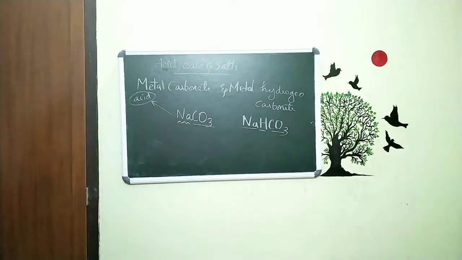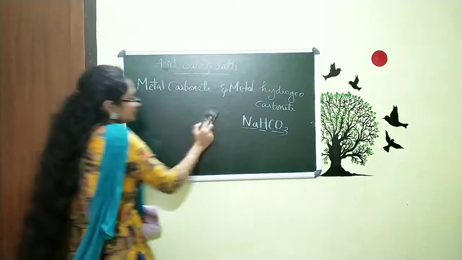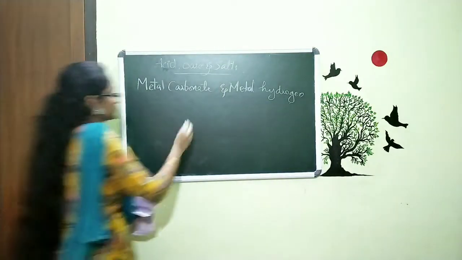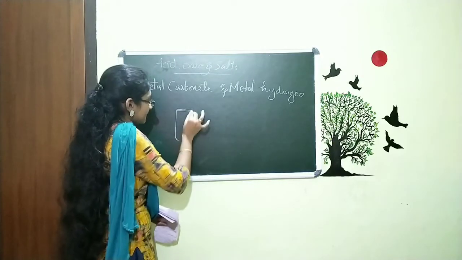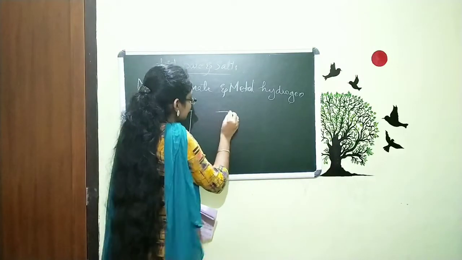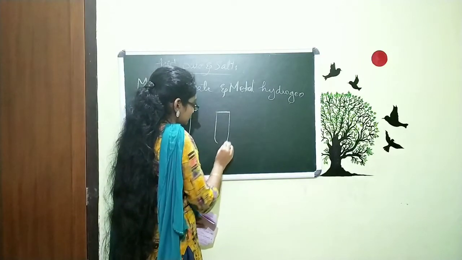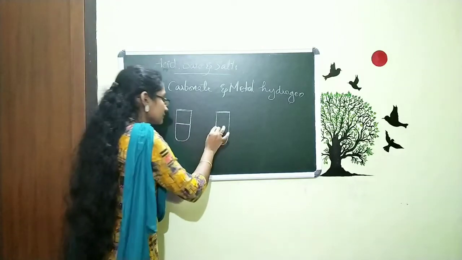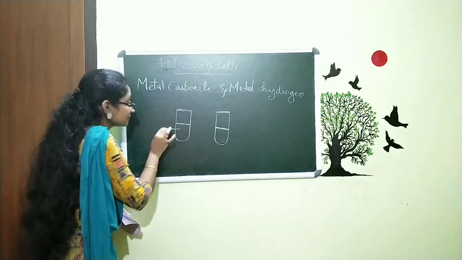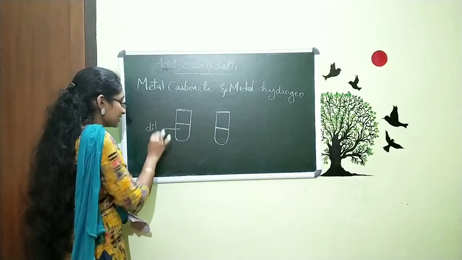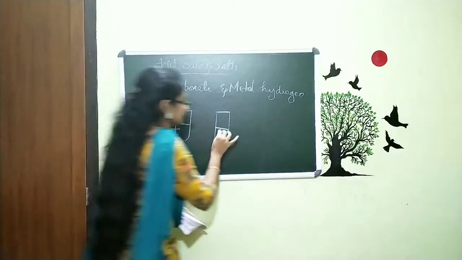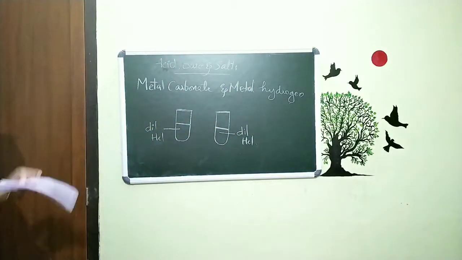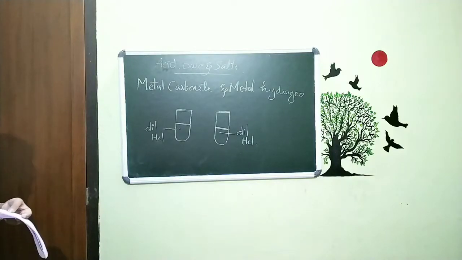So for this we want some experimental setup. That is, I am taking two test tubes. And then in these two test tubes I am collecting dilute HCl, that means dilute hydrochloric acid. Then I am putting some sodium carbonate. Actually this sodium carbonate is something solid.